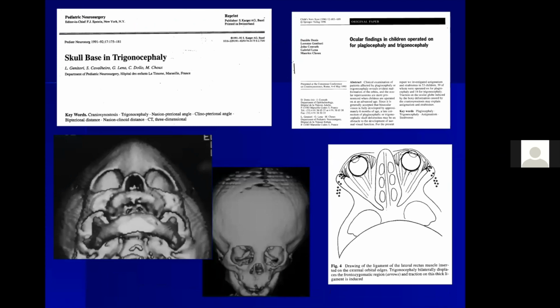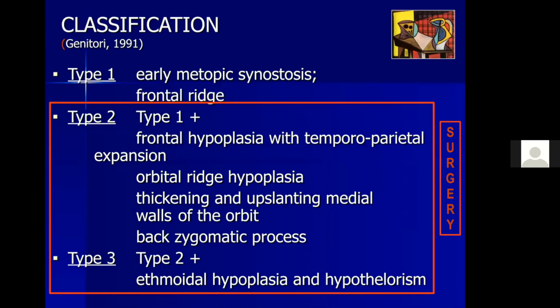In this study, we describe how the skull base is changed in trigonocephaly, because there is involvement of even the skull base sutures. And this is our classification, in which we have 3 kinds. Type 1 is the early metopic synostosis only, just with the frontal ridge.